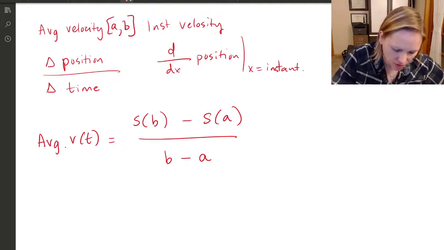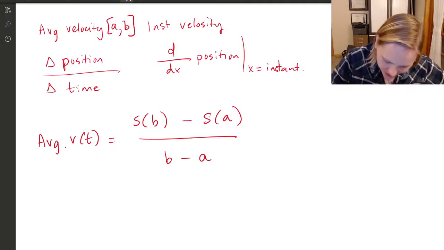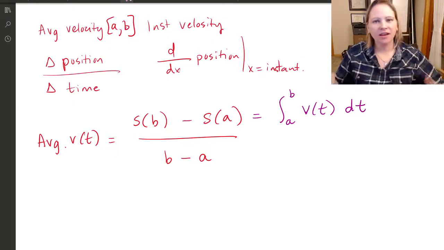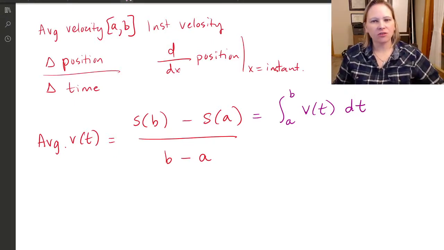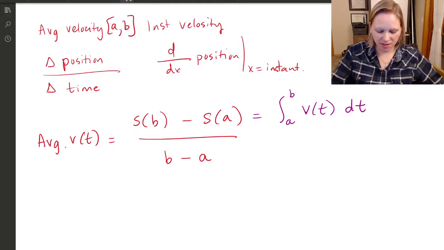And in the previous video, we learned that this s of b minus s of a is also equal to this integral, the definite integral. To find the definite integral, we had to find the antiderivative and subtract at b minus a. S of b minus s of a, that's my displacement.